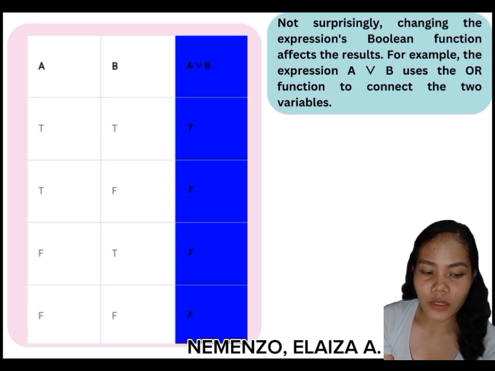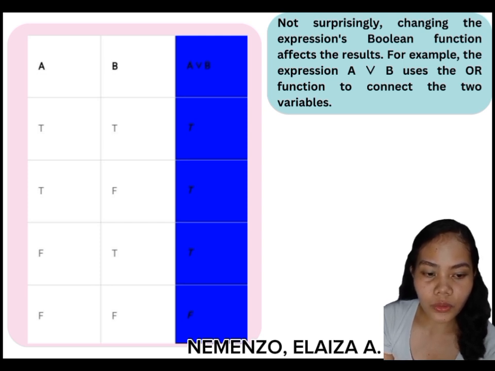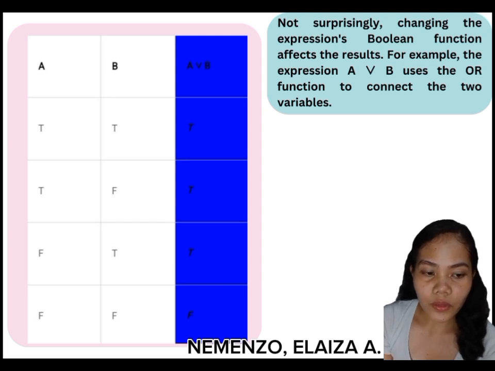Not surprisingly, changing the expression's Boolean functions affects the results. For example, the expression a or b uses the OR function to connect the two variables. Although there are still only 4 possible value combinations, the results are much different, as shown in the following truth table. Now the expression evaluates to false only if both a and b are false. As you can see in the table, in the first column, the letter A, there are true, true, false, false, and the second column, true, false, true, false.